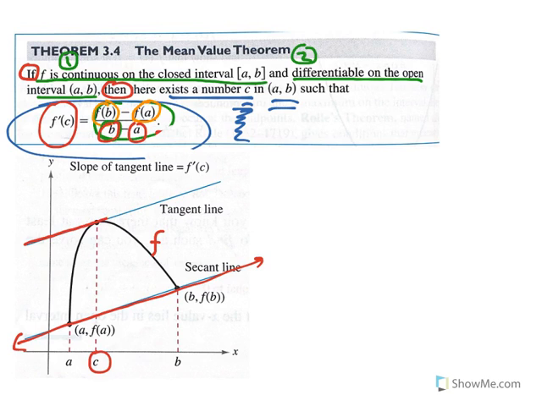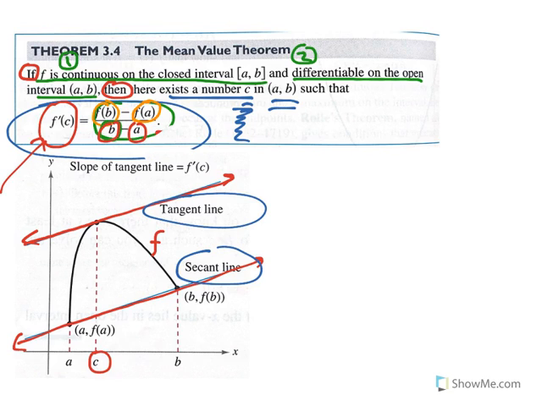So there has to be at least one x value between a and b at which the derivative of the function, which represents slopes of tangent lines, equals that slope. In other words, there has to be at least one tangent line to the graph of f on the interval from a to b at which the slope of the tangent line will be equal to the slope of the secant line passing through the two endpoints of the interval. That's what the mean value theorem guarantees.